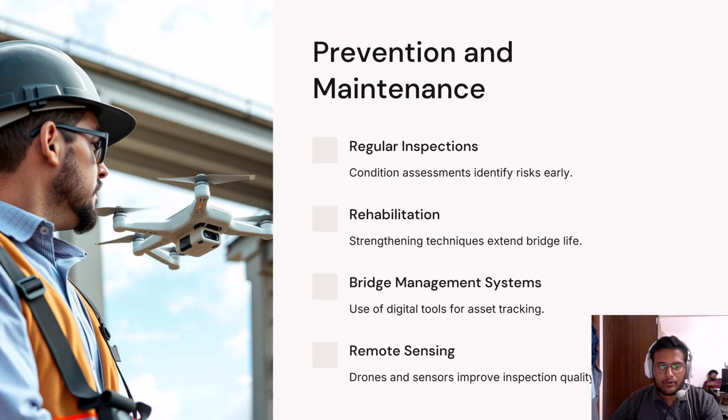First is regular inspections, which help detect early signs of wear or damage. Second is rehabilitation; strengthening and retrofitting can extend a bridge's life. Third is the bridge management system, which uses software to track structural health. And fourth, new tools like remote sensing and drones help survey hard-to-reach areas efficiently. Preventive care saves lives and reduces long-term costs.